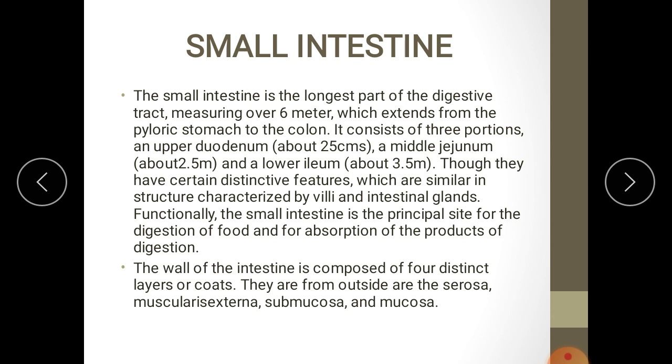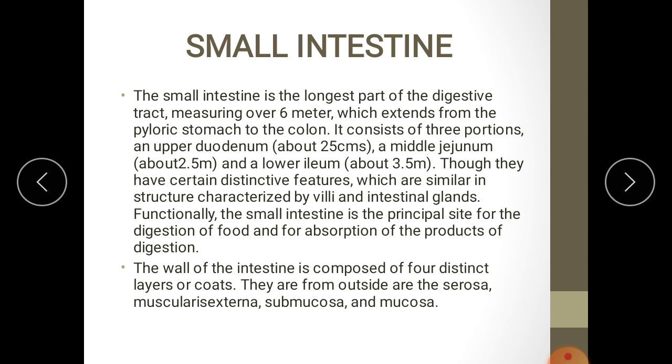To fulfill that, the surface epithelium has microvilli, and the villi part is more in the duodenal region, less in jejunum, and still less in lower ileum. So duodenum part is the main part where the food is mixed with intestinal juice and bile juice.